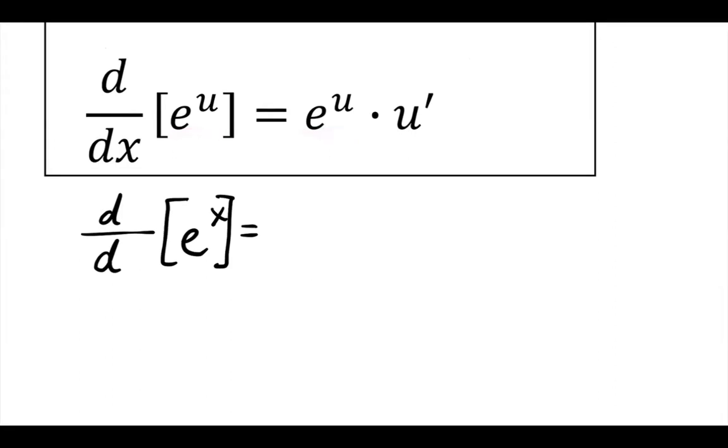It repeats itself. This would be times 1, right? Because the derivative of the power is just 1. Well, I don't need that 1, right? So it just repeats itself. The derivative of e to the x is e to the x. The second derivative of e to the x is e to the x.